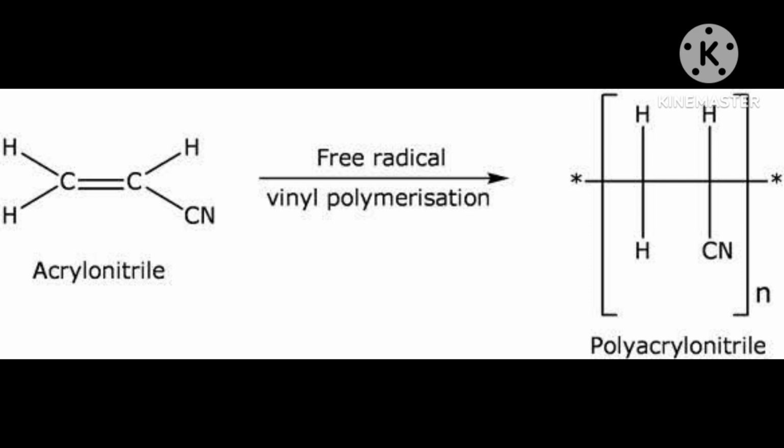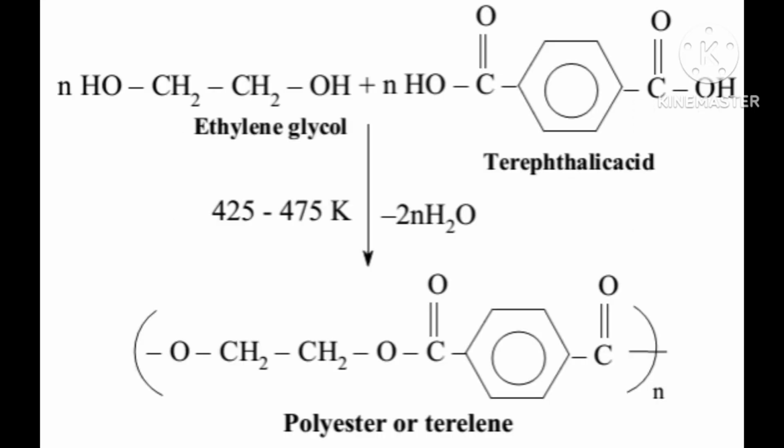The addition polymerization of acrylonitrile in the presence of a peroxide catalyst, always you are using a peroxide catalyst, leads to the formation of polyacrylonitrile. Poly is added because many acrylonitrile molecules will add.